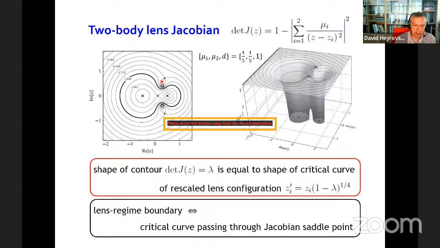And here, this shape is the contour when you are crossing from the intermediate to the close regime. So you can use these principles. I mean, it's again visible here better maybe in the 3-dimensional plot, but all these principles are valid for the three-body lens. And this gives us a route to map the different regimes.